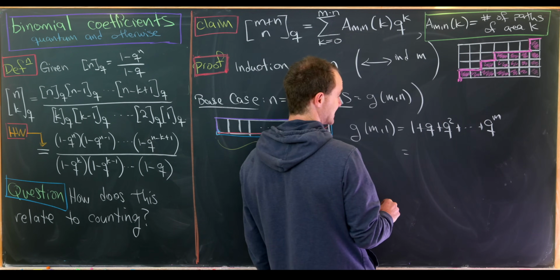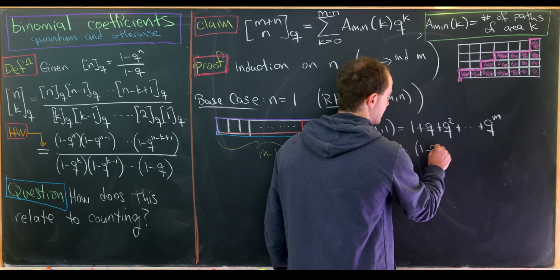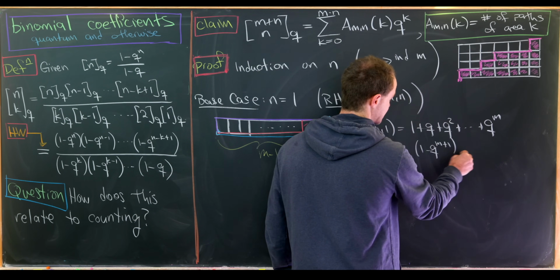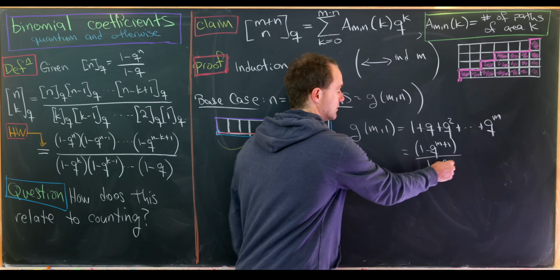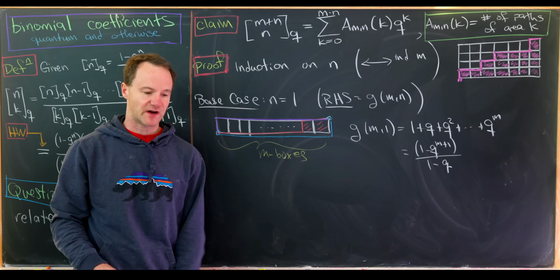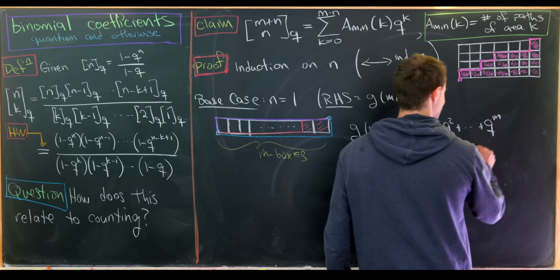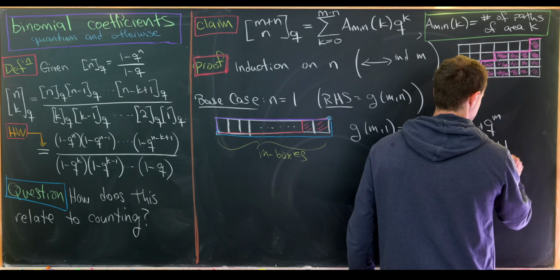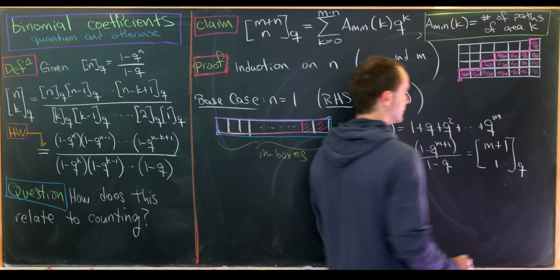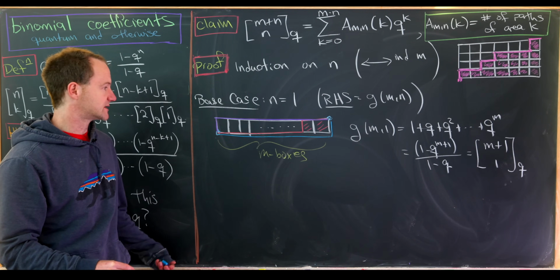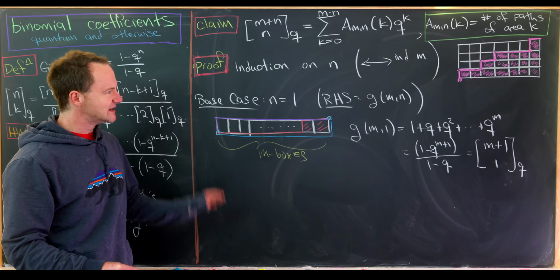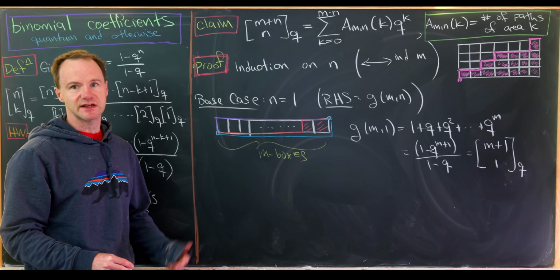But that's exactly equal to 1 minus q to the m plus 1 over 1 minus q, just by the sum of a finite geometric series, but that is exactly m plus 1 choose 1 in q. Okay, nice. So now that we've got the base case taken care of, let's do the induction step.